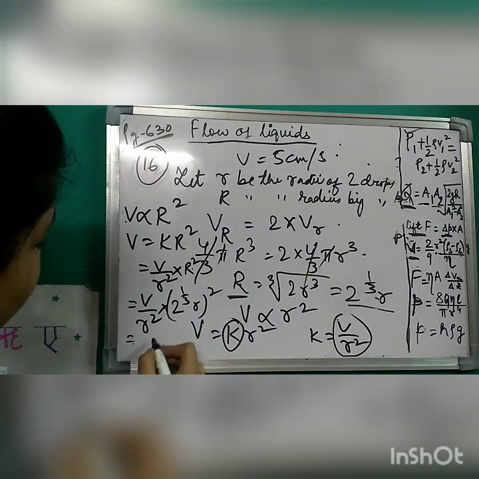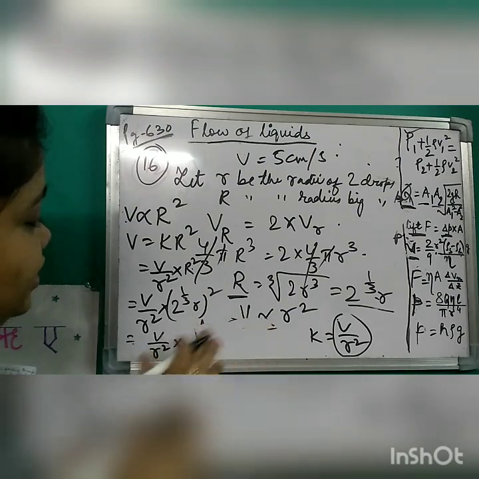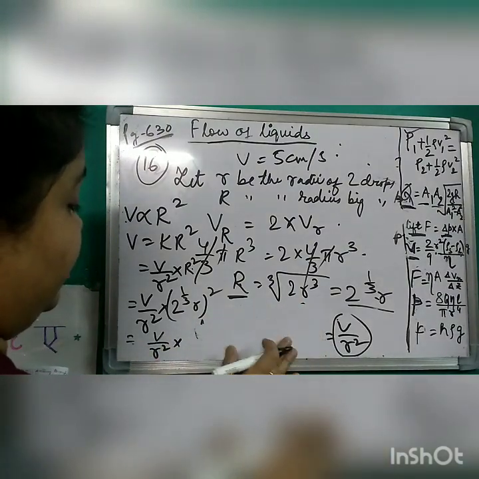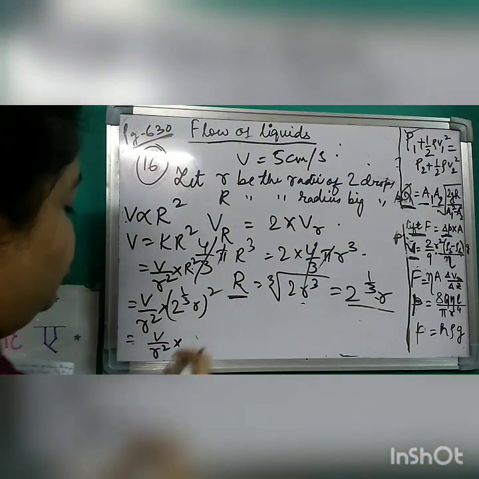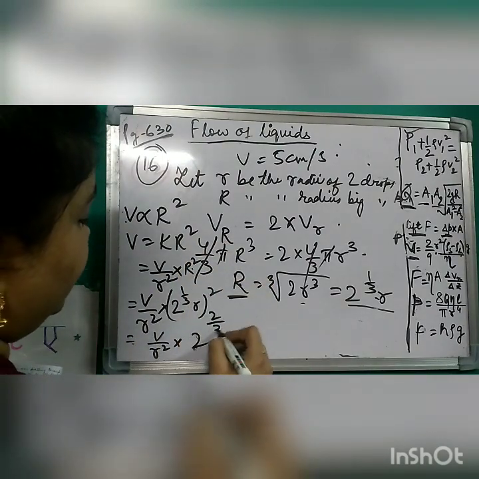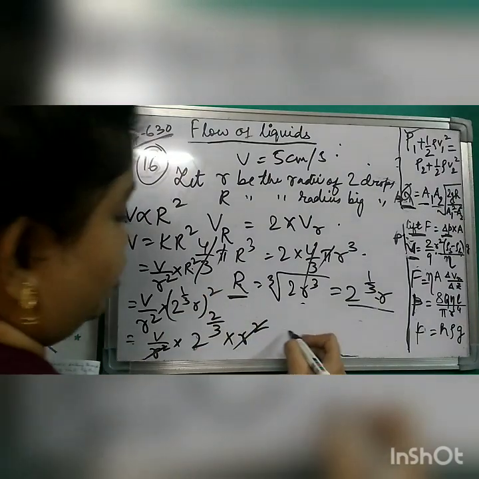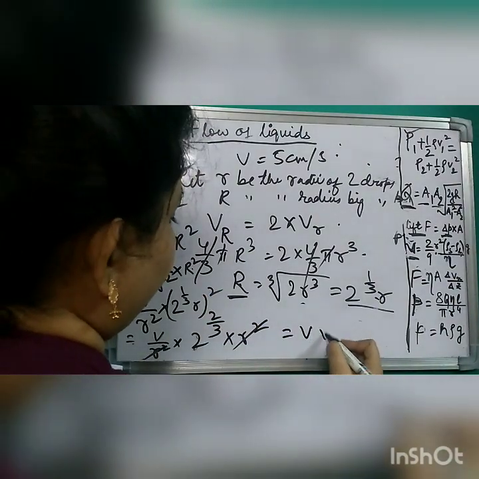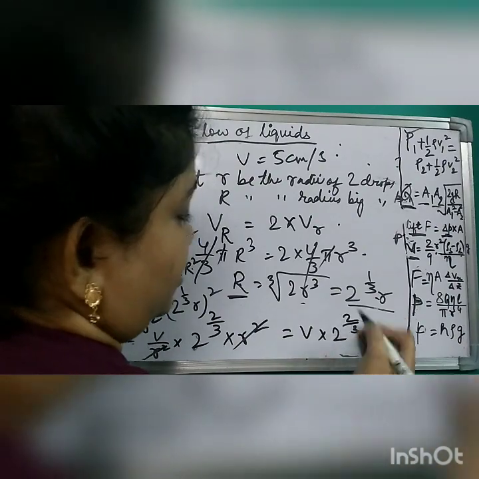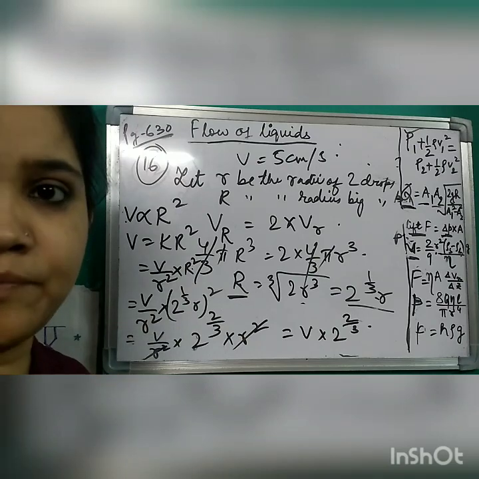Which is equal to V by r square into, I'm rubbing this portion to show you, 2^(1/3) becomes 2^(2/3) into r square. The r square gets cancelled. What you are left with is V into 2^(2/3). 2^(2/3) means the cube root of 2 square.